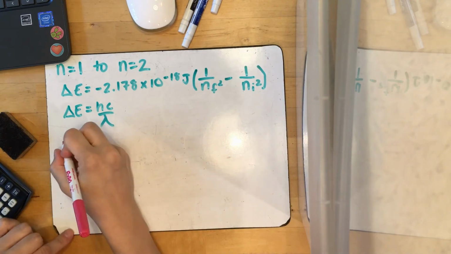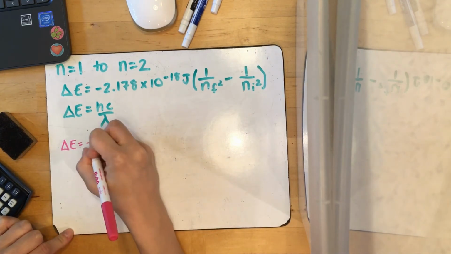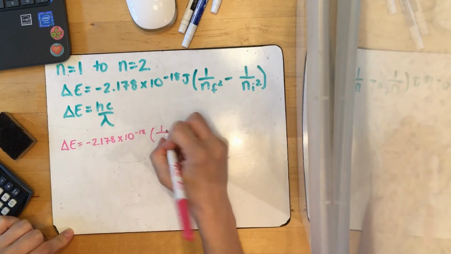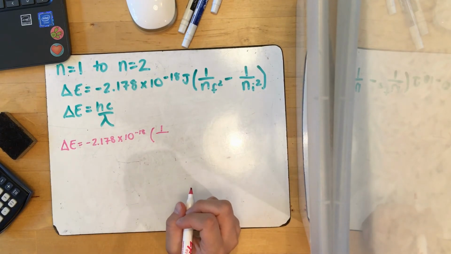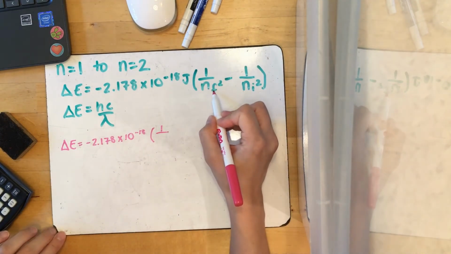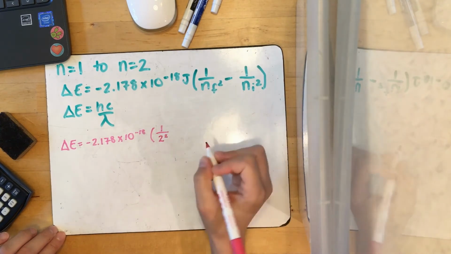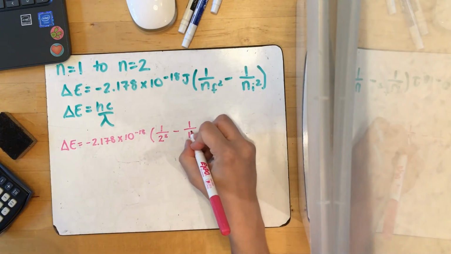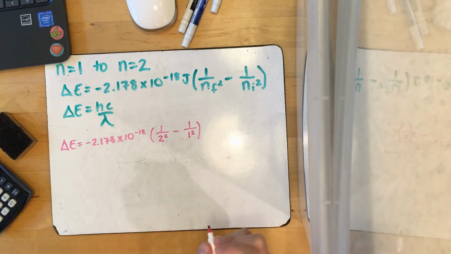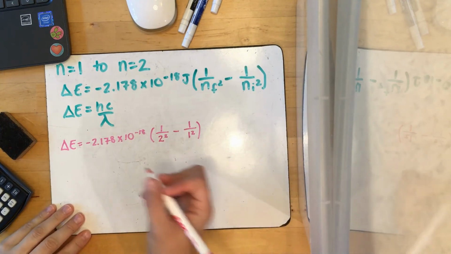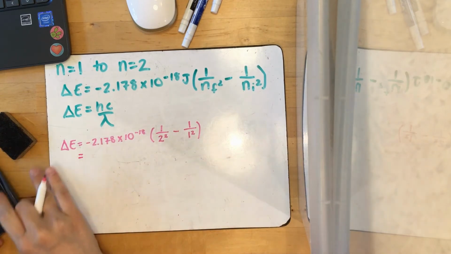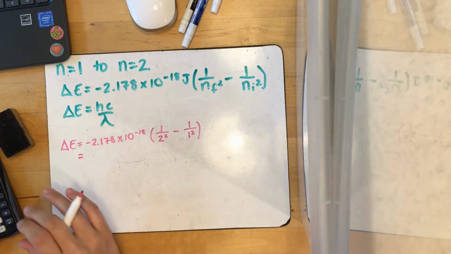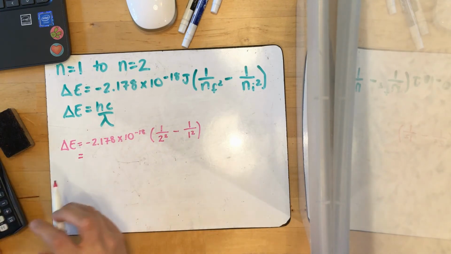So first we need to find delta E. And we know that the electron is ending up at level n equals 2. So this is n final. So that would be 2 squared. And n initial was the level n equals 1. So we basically just plug this in to solve for it. 1 over 2 squared is 1/4 minus 1 over 1 squared, which is 1.